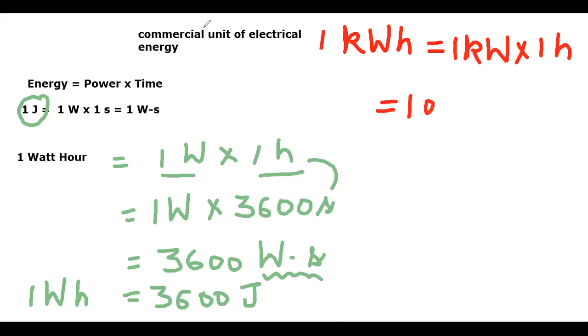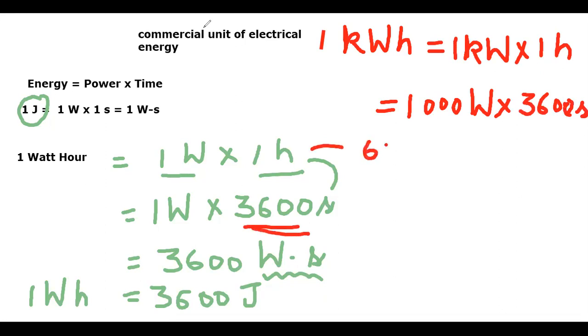Okay, let's write down 1000 watts multiplied by 3600 seconds, 60 multiplied by 60. How is this 3600 coming? You know this thing? In 1 hour you have 60 minutes and then you have 60 seconds. So 60 into 60 is 3600.